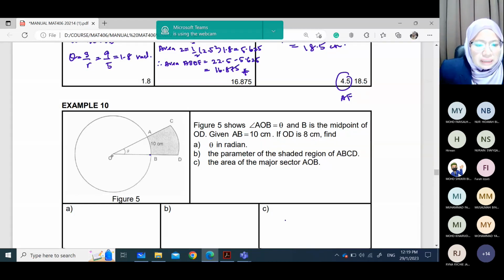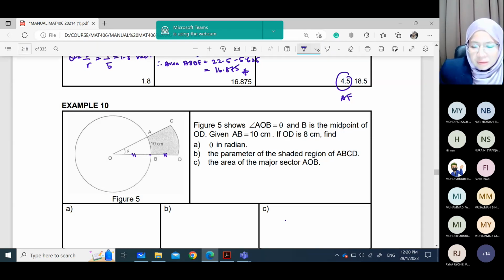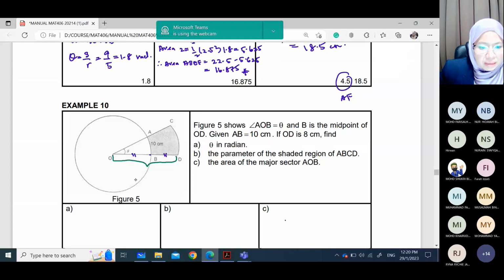Okay, so kita boleh katakan the length OB and BD are equivalent. Sama. Right, so given AB 10 cm. AB 10 cm, dia dah bagi kat situ. Right, so if OD is 8 cm.